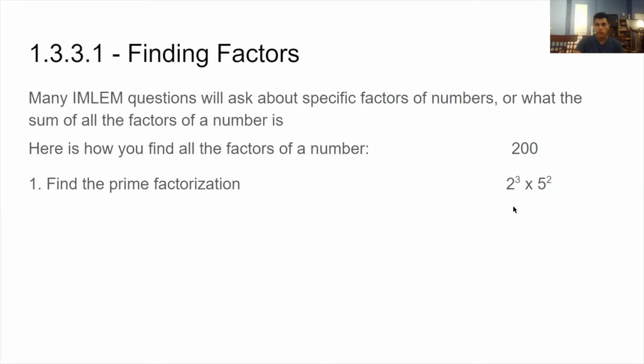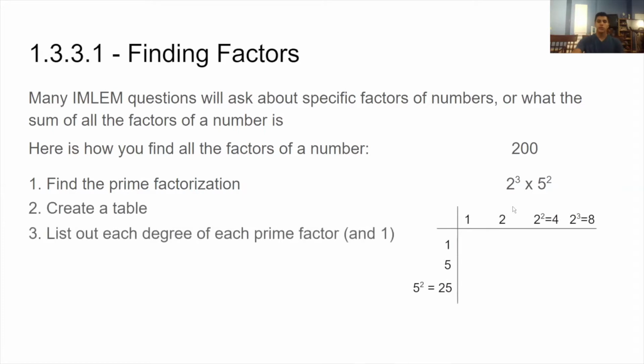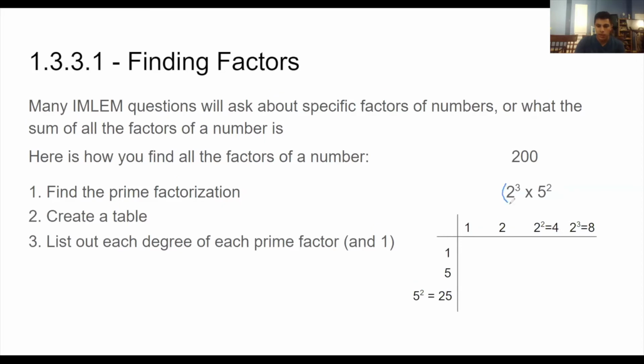In order to organize that, you want to make a table. In this table, you list out all the degrees of each prime factor. If you're wondering what a degree is, it's basically just the different exponents of a number. Let me give you an example. Here in my prime factorization, I have 2 to the power of 3. So 2 is my prime factor.